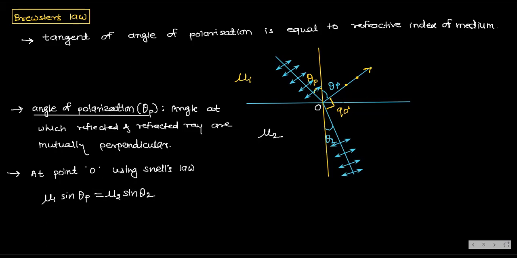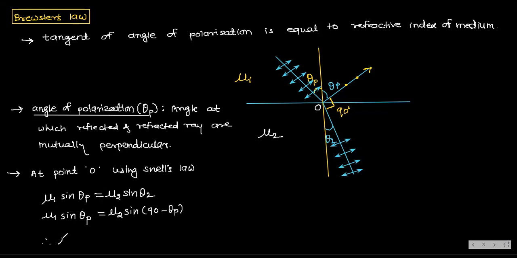Now this theta 2 is how much you are getting? This is the 90, yes? So I write there 90 minus theta p. So this is equal to mu2 into sine of 90 minus theta p.